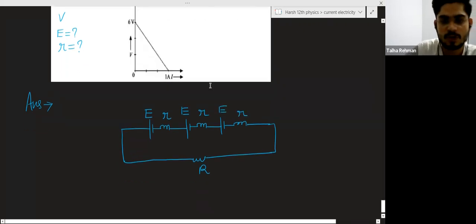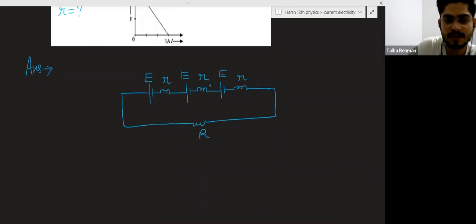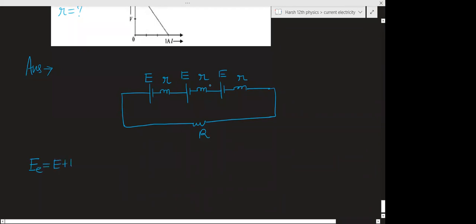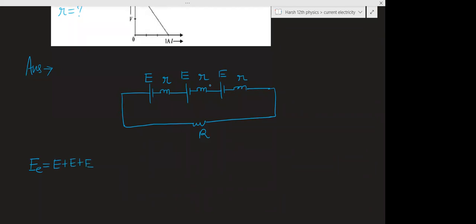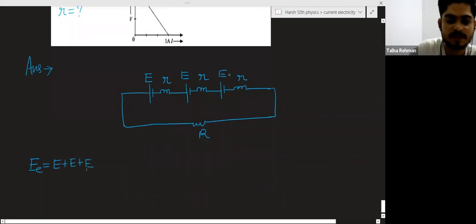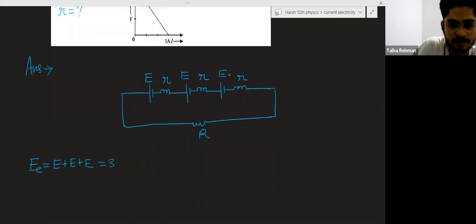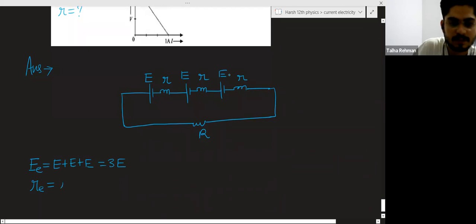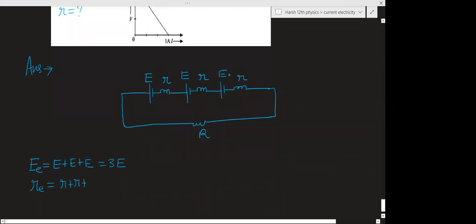Can you draw the equivalent circuit of it? Can you find the E equivalent? As this is a series combination, this will become E plus E plus E. You will add all the E's, then you will get 3E. Can you find R equivalent? It is r plus r plus r, it will become 3r.